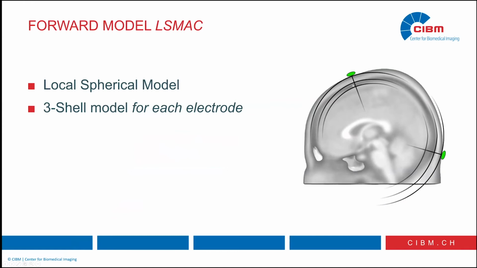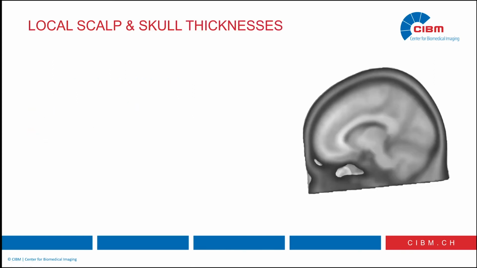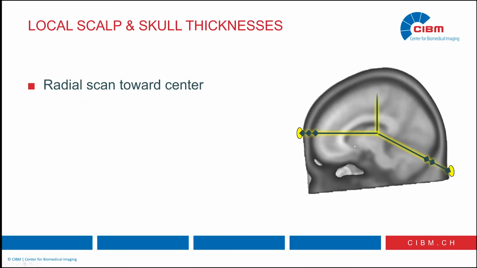But basically, each time you just need to evaluate the radius of the skull. We do that by kind of probing from the electrode. We start from the surface of the electrode and we go down to the center of the brain.